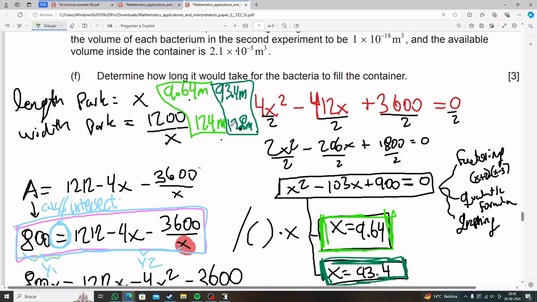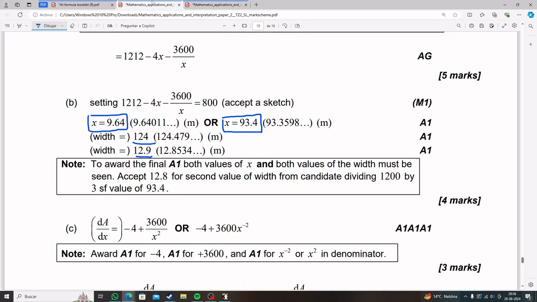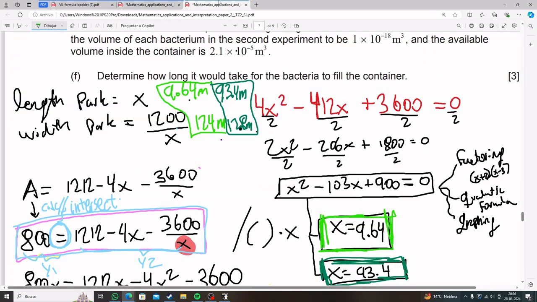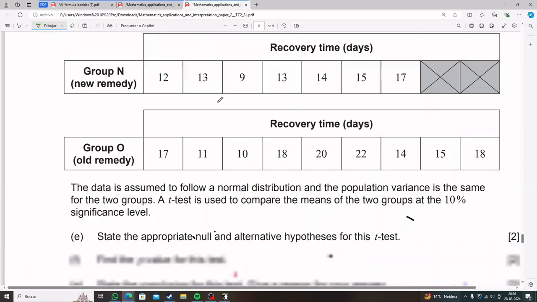I know here I put 12.8. That's only because I was using significant figures. As long as you're consistent in your procedure, you're still going to get full points. In fact, here it says accept 12.8 for the second value, because you're using three significant values. So as long as you're consistent with the significant values in your procedure, everything will be okay. So trust me on that, all good, no worries.